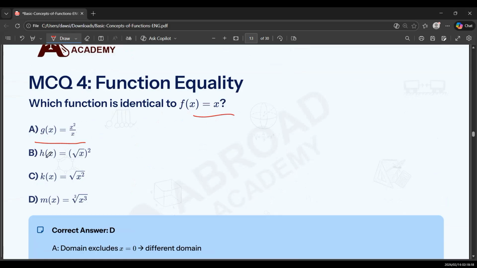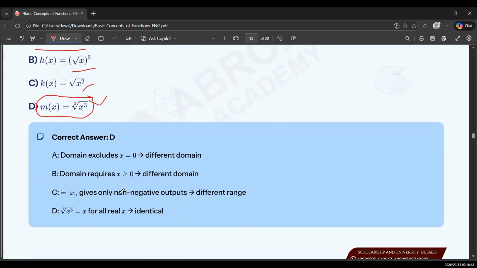Yeah, it's not right. h(x) = (√x)², no. k(x) = √(x²), no. And m, yeah, this one is correct, but why is this one correct? Let me check. For all real numbers x, this one is identical, that's why this one is correct.